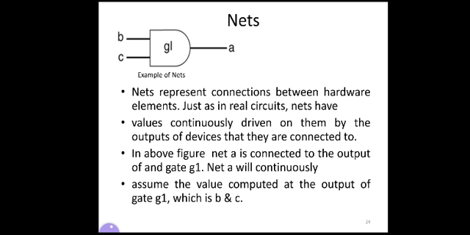As you can see in the figure, net A is connected to the output of an AND gate G1, whose instance name is G1, that is gate 1. The output is A, inputs are B and C. So net A will continuously assume the value computed at the output of gate G1, from B and C.